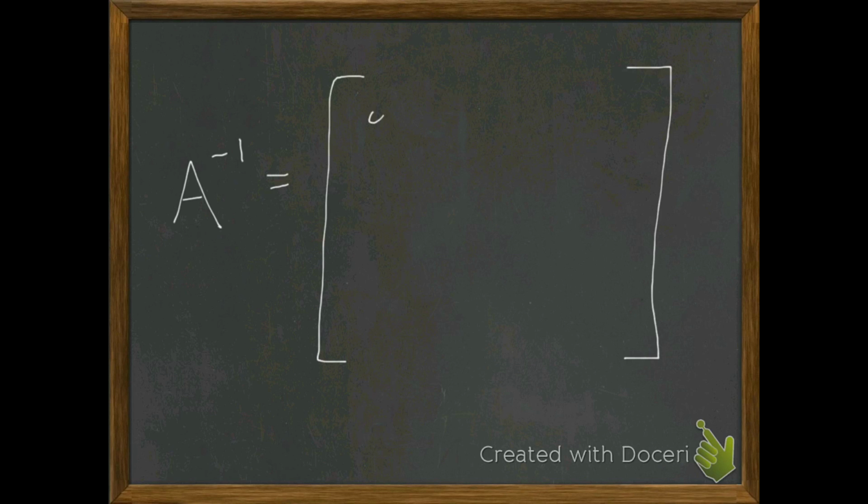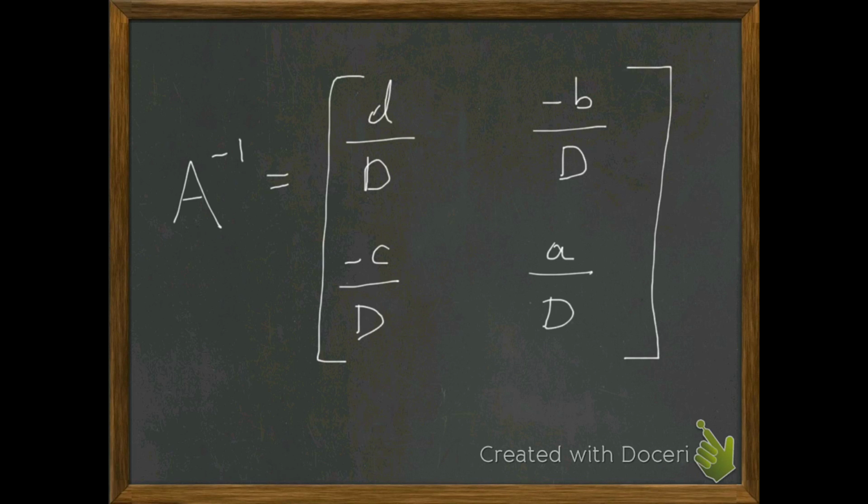By taking D over D, negative B over D, negative C over D, and A over D. Okay, and we can check that.